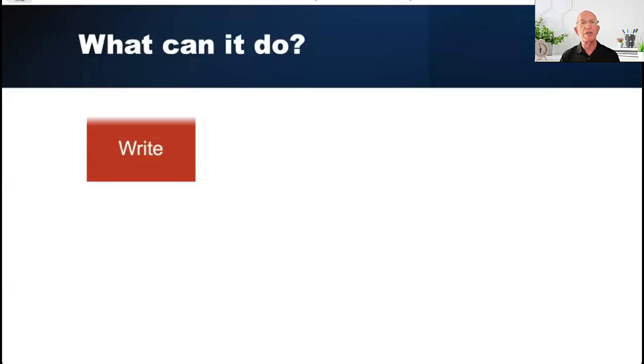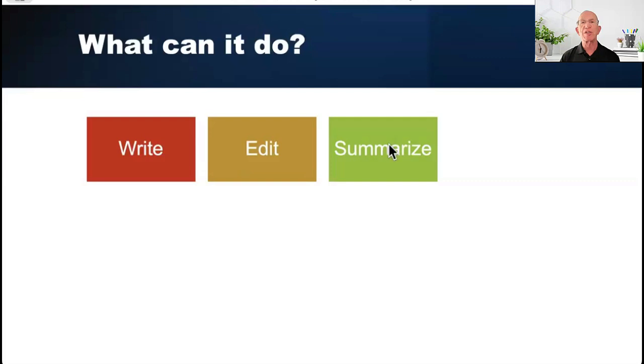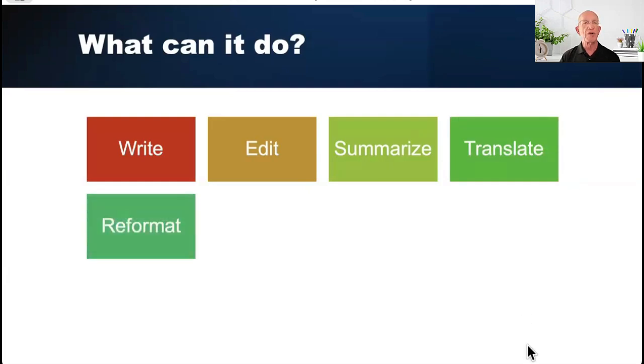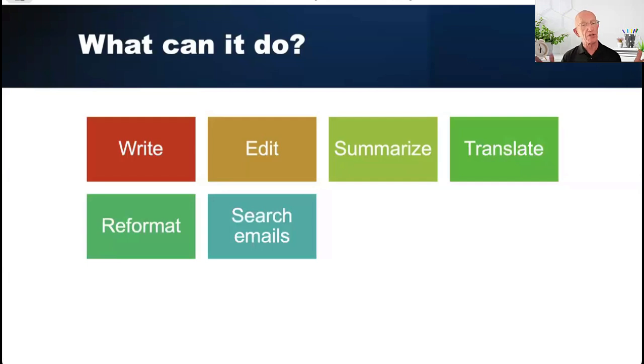What can it do? Well, you can write, you can edit because you're working with text, you can summarize things, you can do translation, you can reformat text, you can search your emails. This was really cool. I'm going to show you a search that I hope works again, because you never know when you do things live.